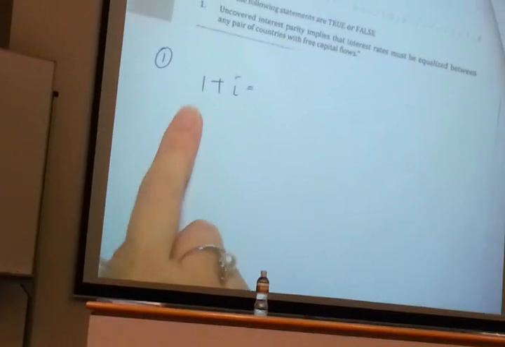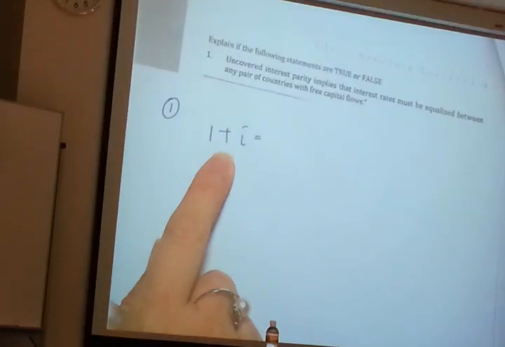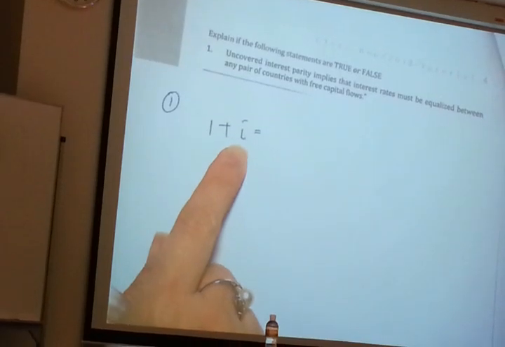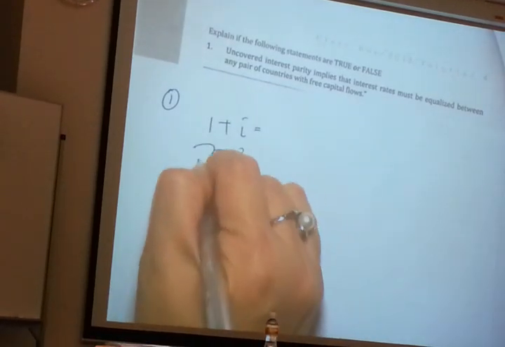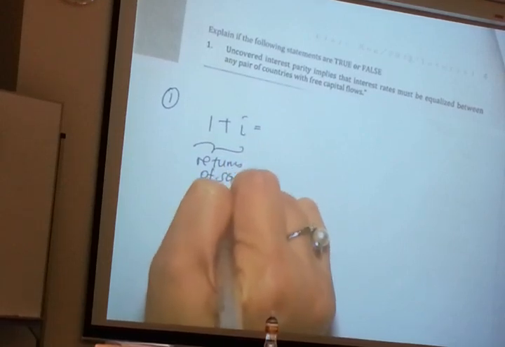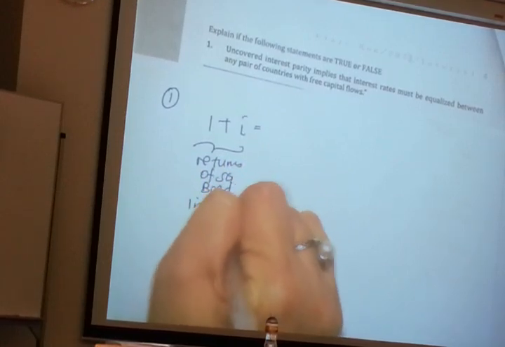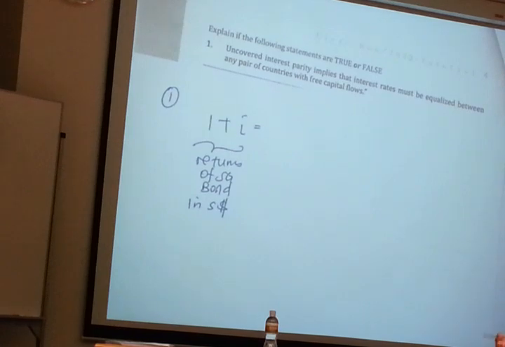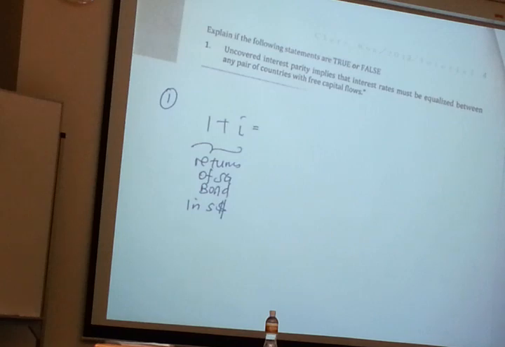I have $1 Singapore, I buy Singapore bond, I earn i. So the equation on the left is the returns of Singapore bond, but must be in Singapore dollar. So you narrate it to the examiner. The equation on the left will show purchase of $1 Singapore bond with interest rate i is the returns of the bond in Sing dollar.